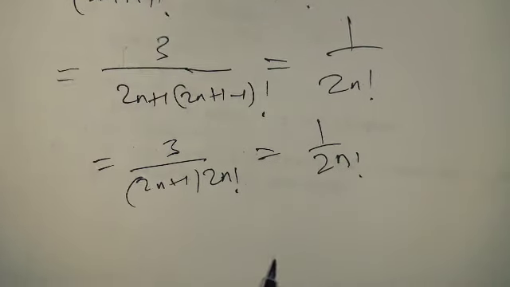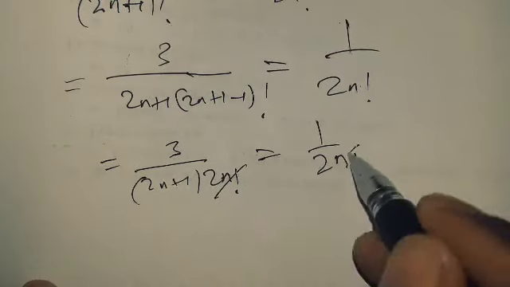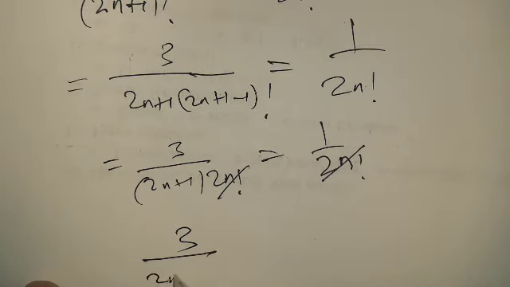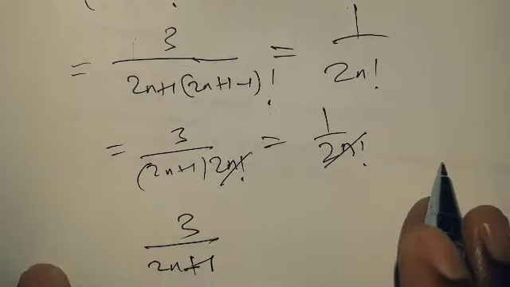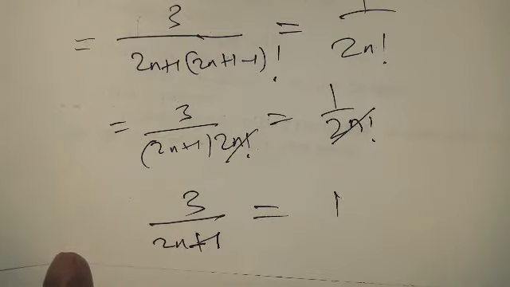So from here we know that this 2n factorial will go with this. We have 3 over 2n plus 1 is the same as equal to 1.